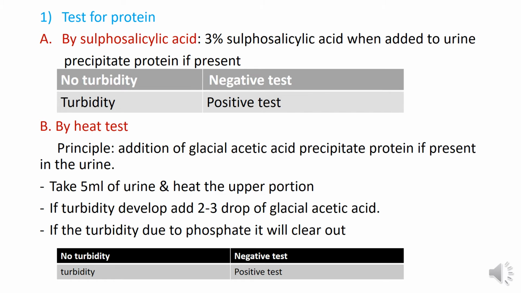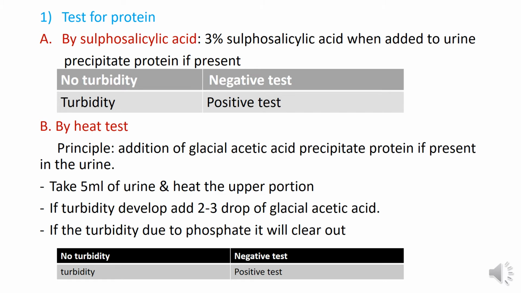First is the test for protein. In the test for protein, first is sulfosalicylic acid. 3% sulfosalicylic acid, when added to urine, precipitates protein if present. If turbidity is present, it is a positive test, and if no turbidity, the test is negative.